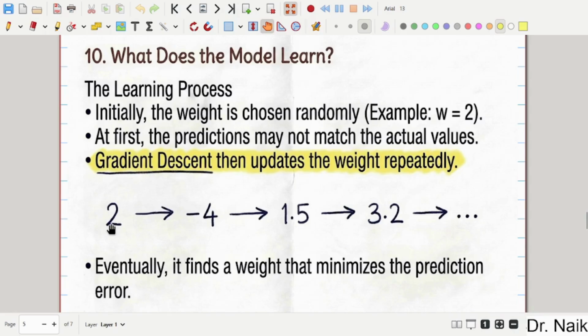For example, after the first iteration, it will produce -4 as the weight, then it will update the weight to -1.5, then 3.2, and so on. Eventually, it finds a weight that minimizes the prediction error.